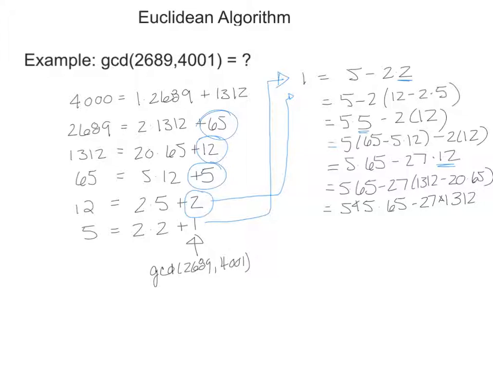Now I'm going to look at my 65, and I see a 65 here. So this 65 I am going to replace with 2689 minus 2 times 1312.